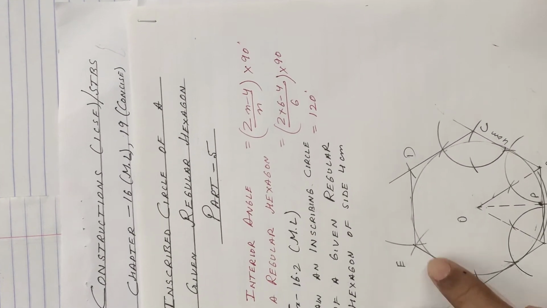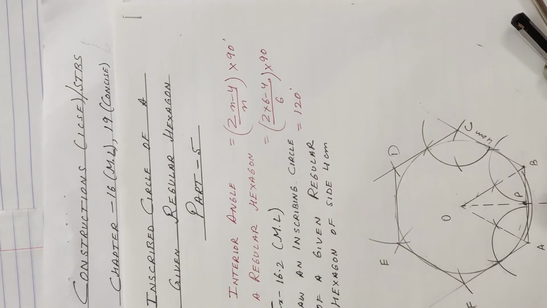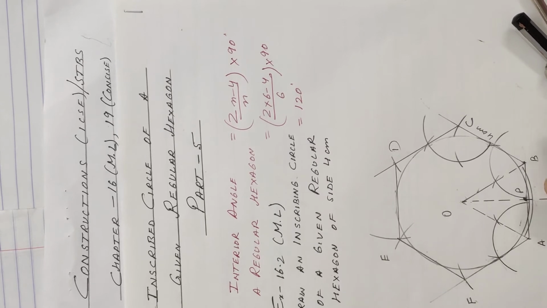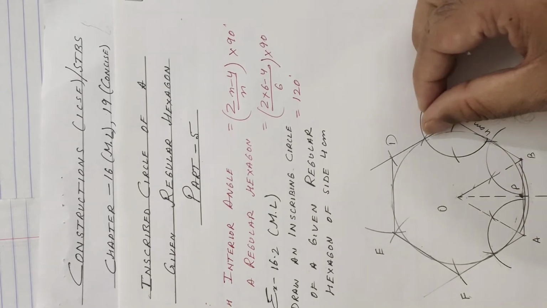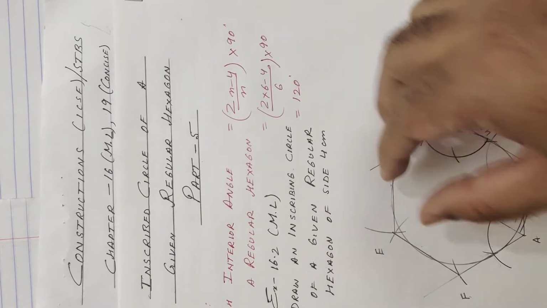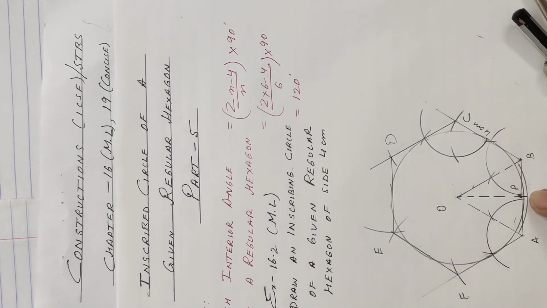Okay, in some places it may go a little out, some little 1 millimeter difference. So if you are more accurate, you will get a nice circle inside the hexagon. But remember, we are human beings, it will be a little inside or a little outside. So generally I think I have taken it a little big.